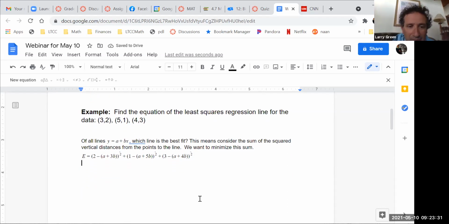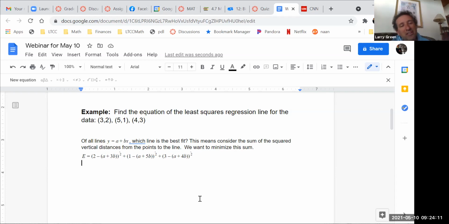Okay, now what do we want to do to get the best fitting line now that we got our error with general A's and B's? So what do we do? Any thoughts?